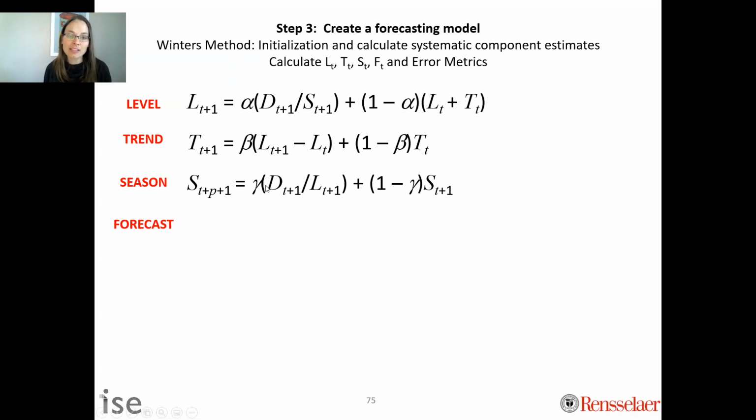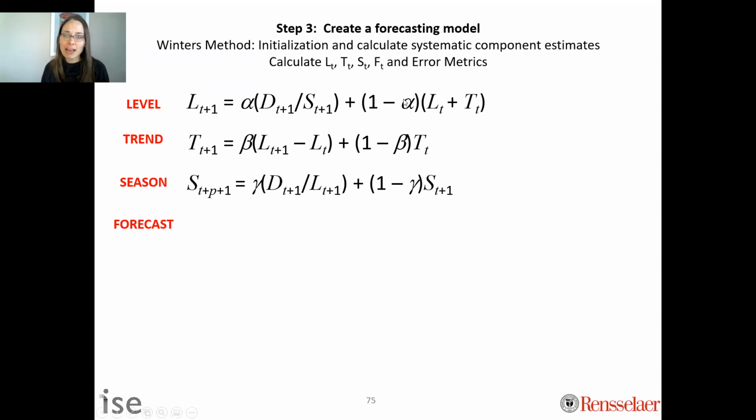If my demand this period is less than my deseasonalized measure, that would give me a value that's less than 1, right? And so you could think about that seasonal index. If it's greater than 1, I'm amplifying what I would expect if I didn't have any of the seasonality. Versus if it's less than 1, I'm saying, oh, that's a low period, so it should be less than I would expect if it didn't have the seasonality.